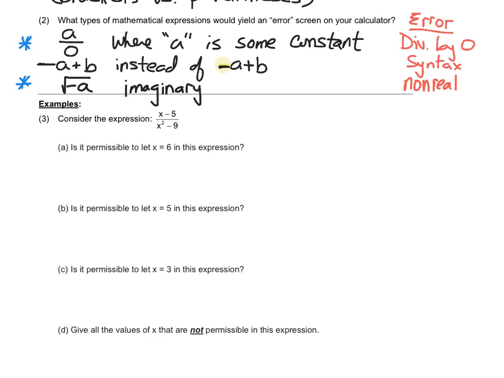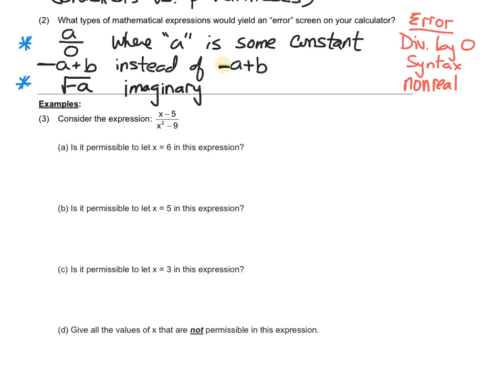So what we need to do is be able to translate our understanding of these different types of errors to function equations. But we haven't learned about functions yet. So right now we're just going to deal with expressions.